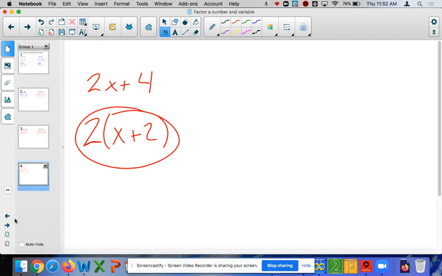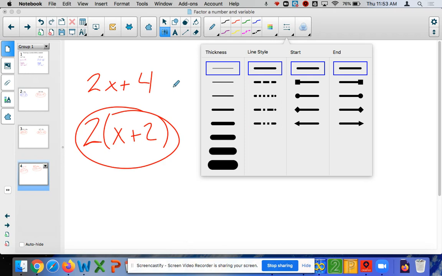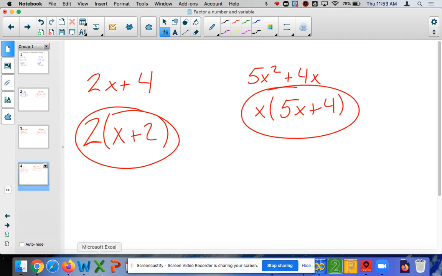It'll ask you to factor out a variable like 5x squared plus 4x. It'll ask you to factor out the x, so you're left with 5x plus 4. You'll see some stuff like that on there too. And you'll also see one where you need to factor out just a number, but out of something that has 3 terms in it.